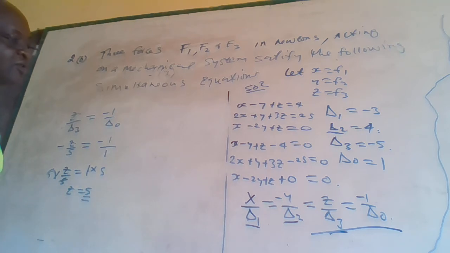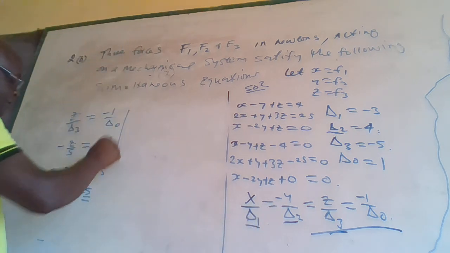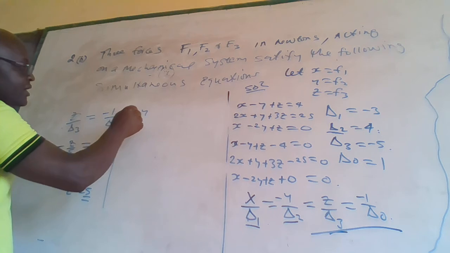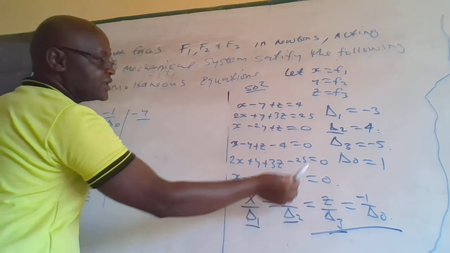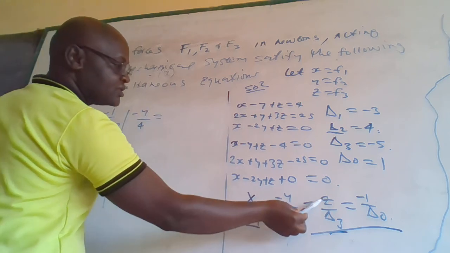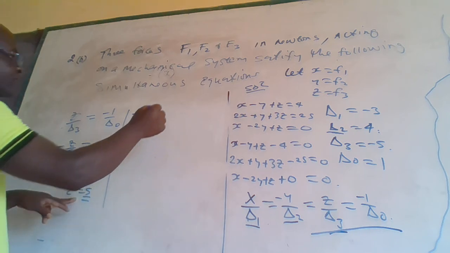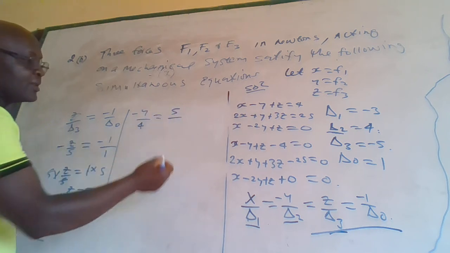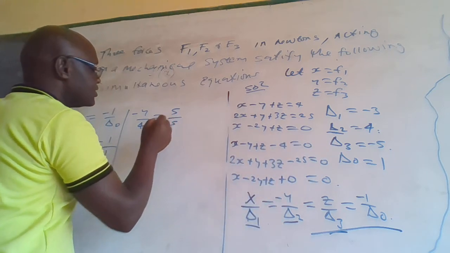So once you get the value of z, you can now get the value of y. Minus y over del 2, del 2 is 4, equals z over del 3. So z is 5 over del 3, and del 3 is negative 5.